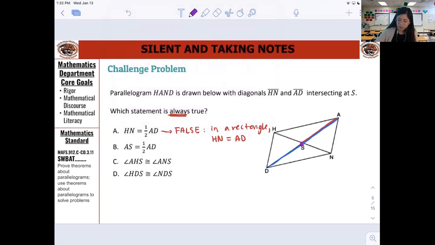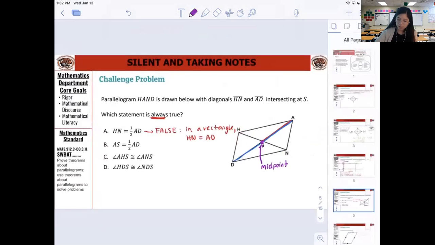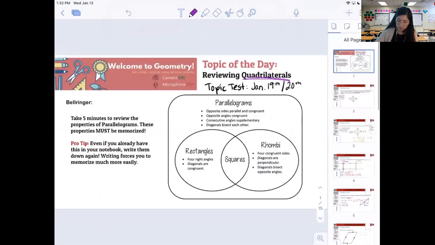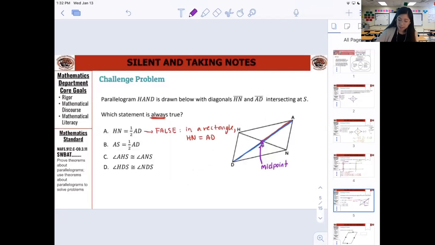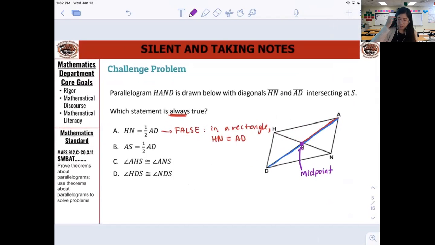S has to be the midpoint. And we know from the beginning of class, we wrote it down, we know that diagonals of a parallelogram bisect each other, right? So that has to be the midpoint, which means that this statement is true.